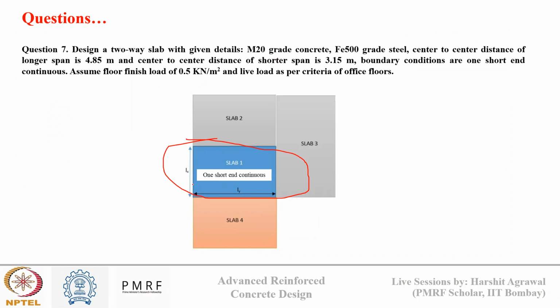Then, as we checked in one way slab, we'll check whether the d that we have provided is enough or not by calculating Mu limiting. Once we know whether the depth is safe or not, we'll calculate the reinforcement, in a similar way to how we do it for a reinforced concrete beam. Once we know the reinforcement, we'll decide and define the spacing of the reinforcement.